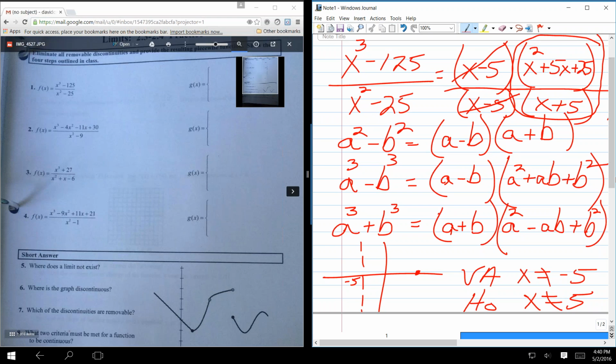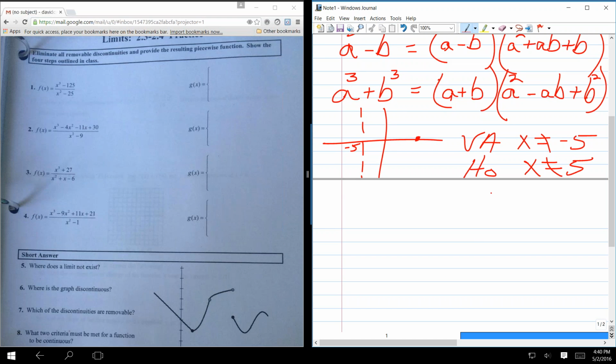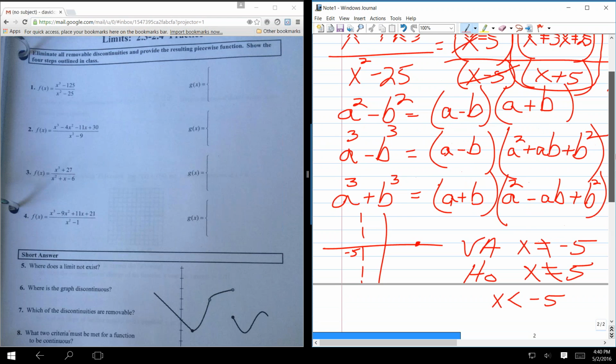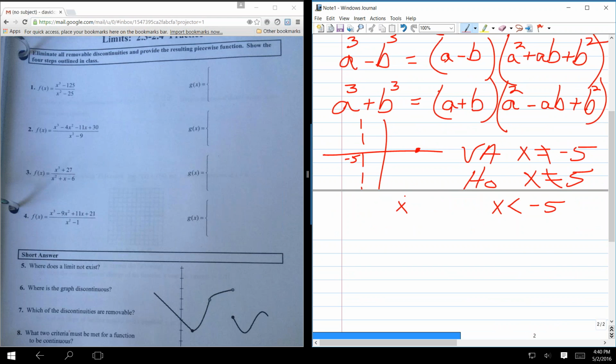But in terms of defining the function, it would be, let's see if I can write it out, they should look something like this. When x is less than minus 5, the function is x squared plus 5x plus 25 over x plus 5.